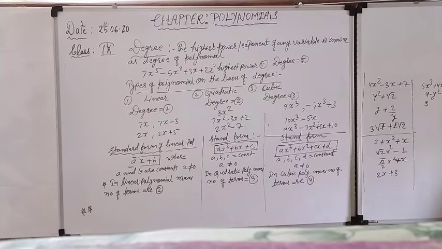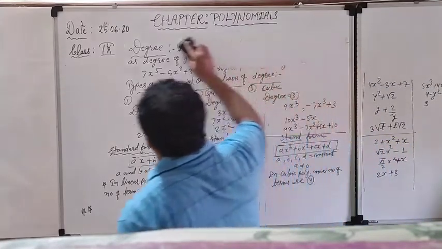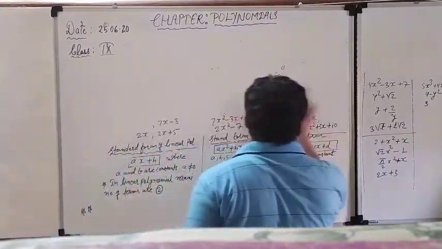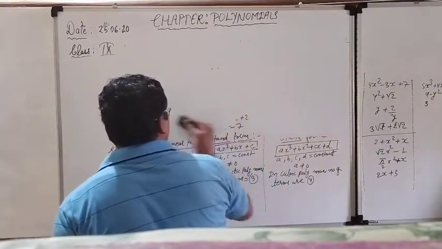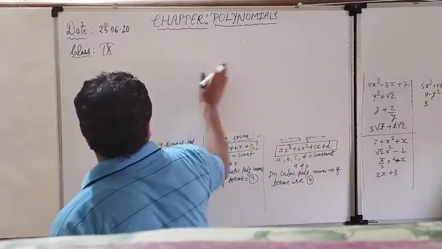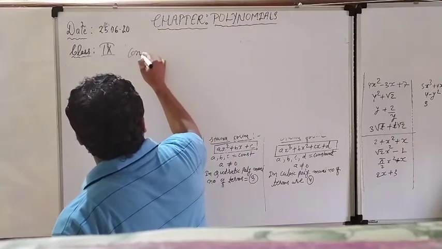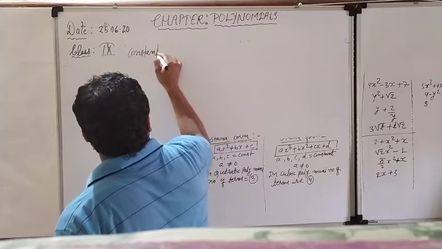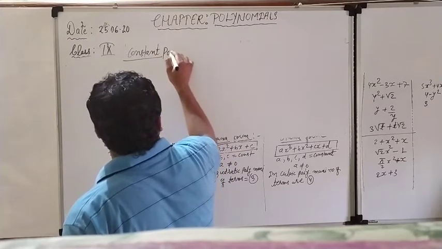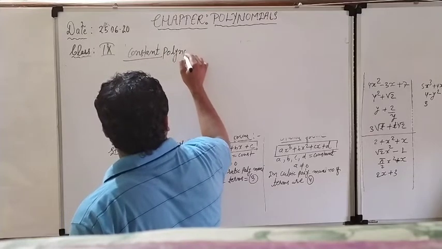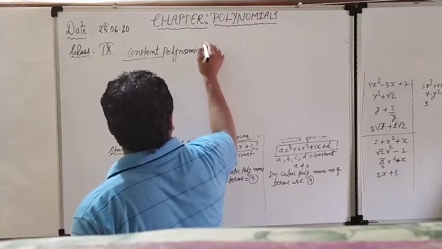Look here, two things remain. I am going to tell you: what is a constant polynomial? Very easy.